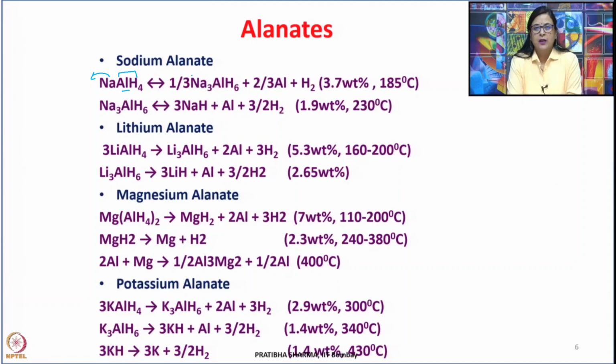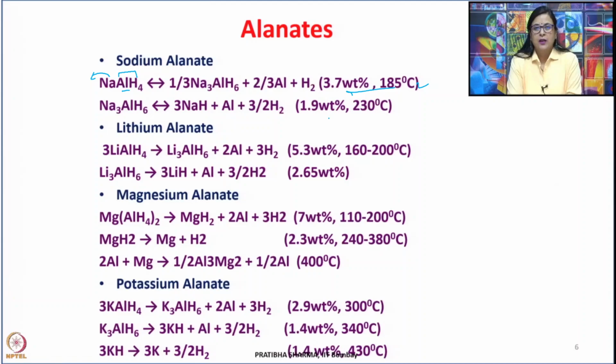How will this sodium alanate produce hydrogen? When we give some heating to this alanate or metal complex hydride, it will dissociate and release hydrogen. So when we raise the temperature, the hydrogen will be generated, and the different metal will remain after reactions.